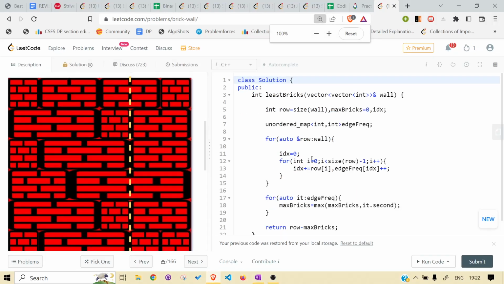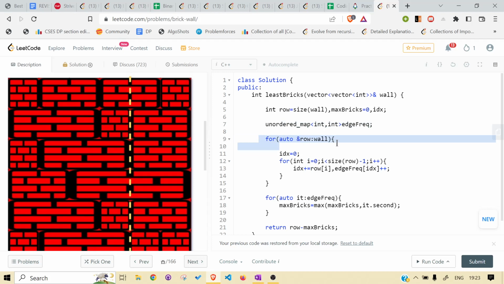Let me zoom it a bit. We have the number of rows, max bricks 0, index idx as discussed, and the unordered map, edge frequency, as the name suggests. Just iterating over it, for every row, index is reset to 0, we compute the prefix sum, or the edge, and put that inside the frequency map.